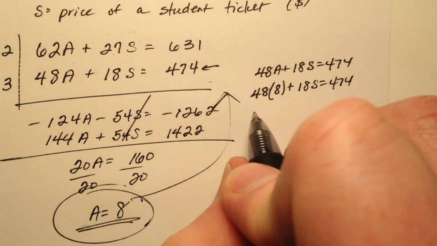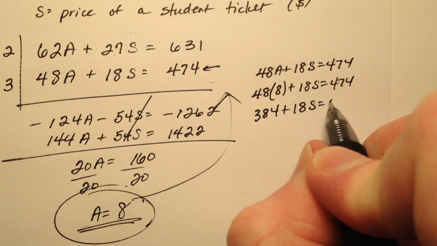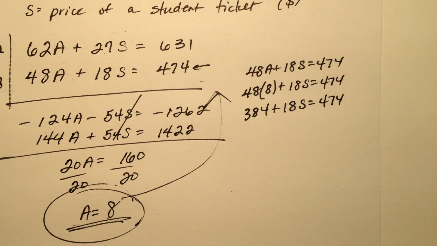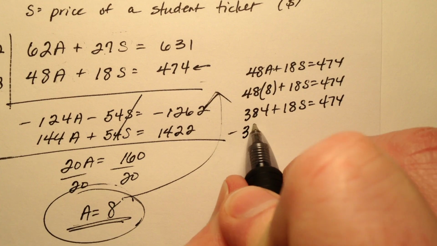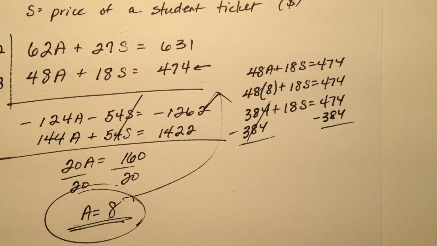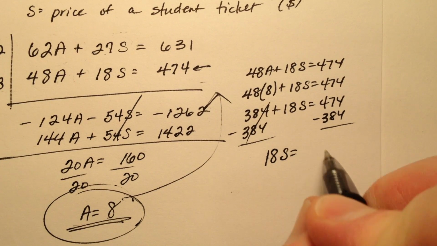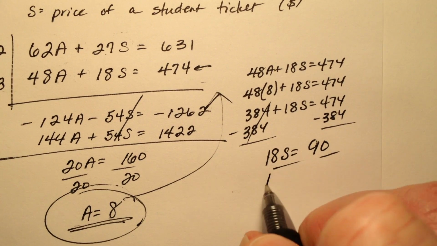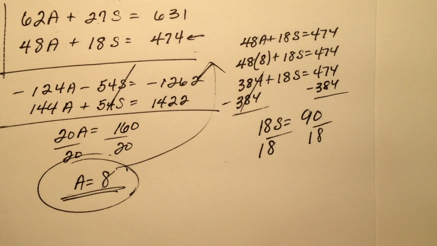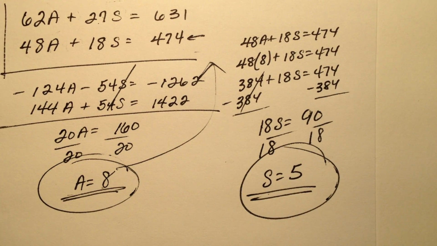And 48 times 8, let's see, 384 plus 18S equals 474. And now we're going to keep trucking to solve this. So minus 384 from both sides. We have 18S, and that should equal something like 90. So when I divide both sides by 18, my value of S is going to be 5.